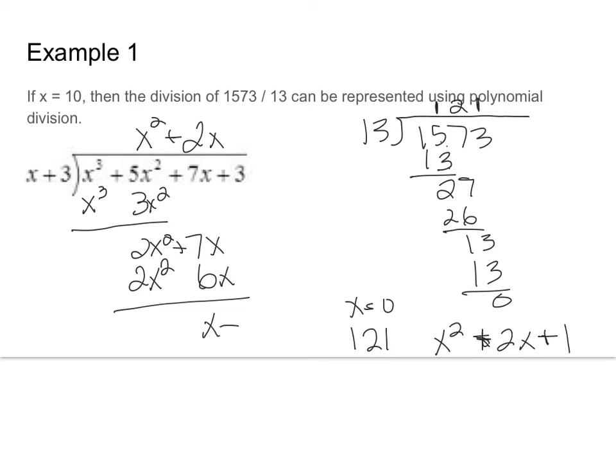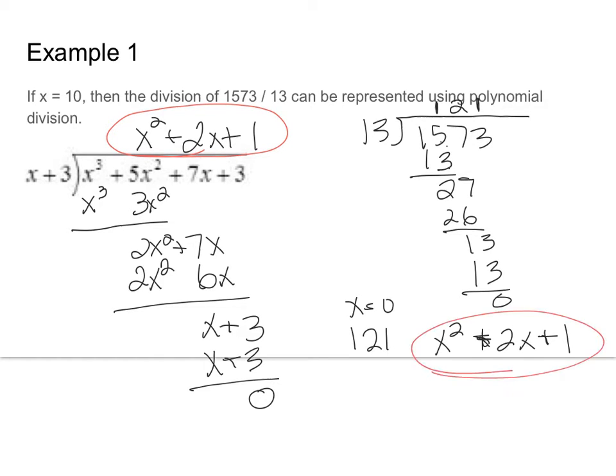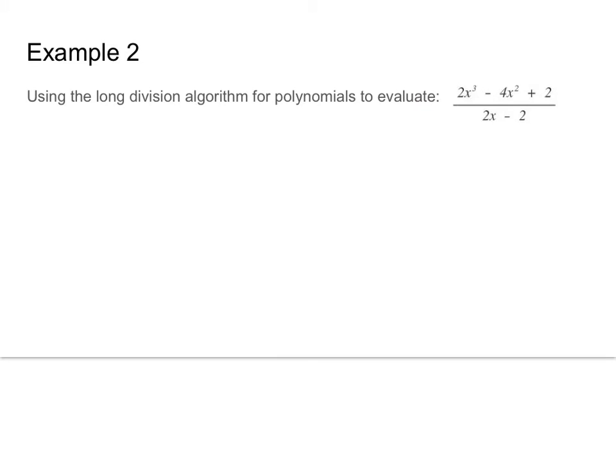Subtract. We can see that this last one is just times 1 because we're going to have a remainder of 0. So here we have our answer. Pretty cool. And amazingly enough, it matches what we thought it would, which is very fun.